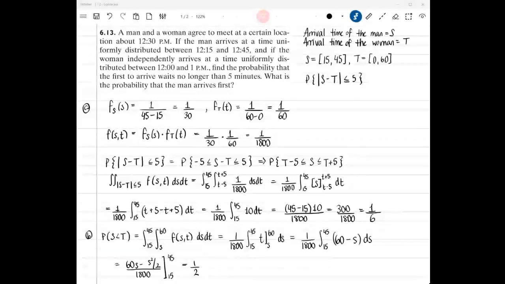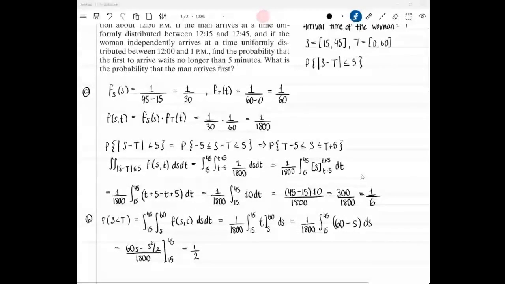So in order to do that, we would need to find the joint probability distribution. But to find the joint probability distribution, we would first need to do the probability distribution of S and T separately. So that over here is just 1/30 for S and then 1/60 for T. And then the joint probability distribution is 1/1800.